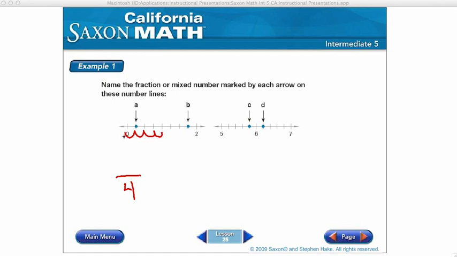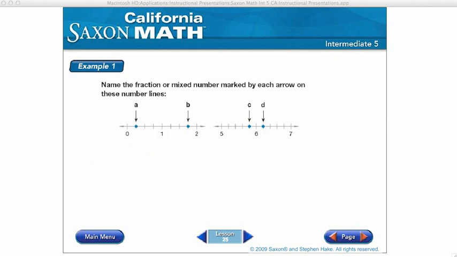Now we see that we start at 0, so my whole number would be 0. So for this one, I'm just looking at a fraction. Now I'm going to count from 0 to the point A, and that number becomes my numerator. So we have 1. So my fraction is 1/4. Point A equals 1/4.